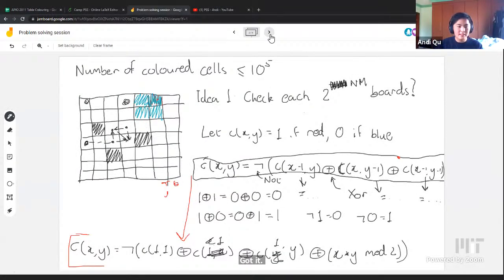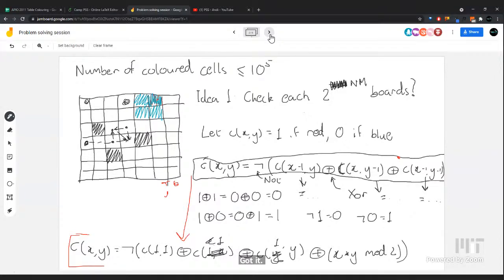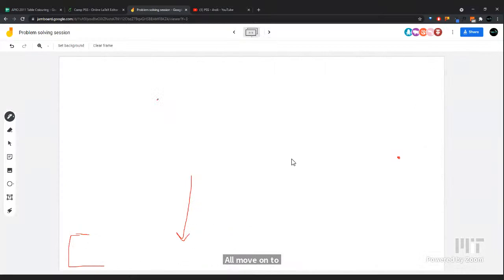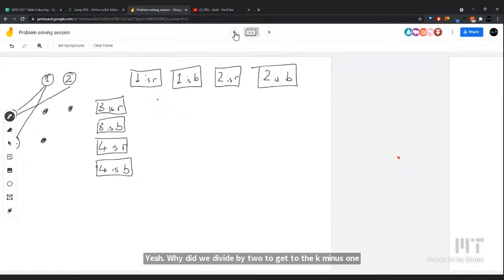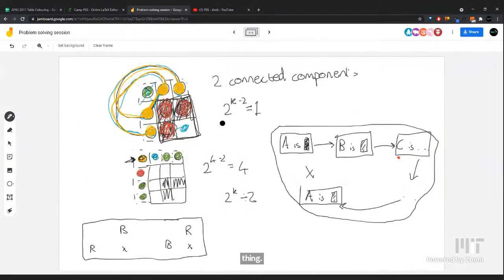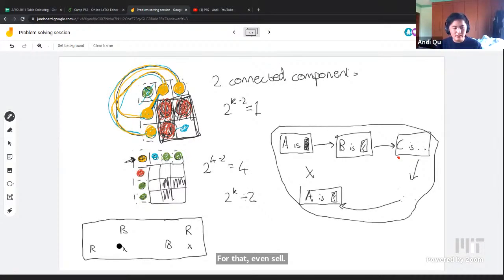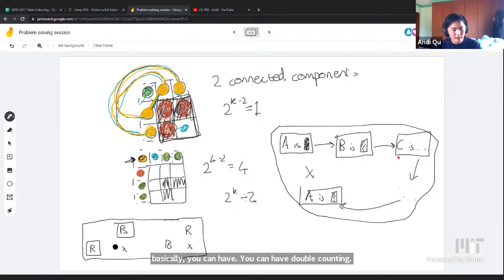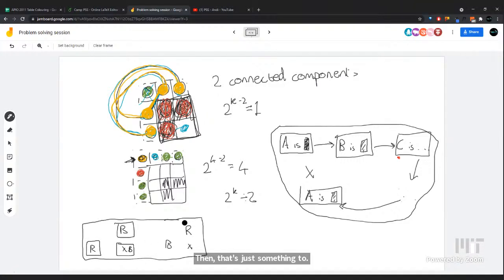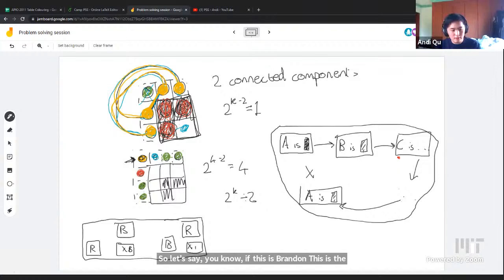Okay, I'll move on. By the way, why did we divide by 2 to the k minus 1 thing for the A1 cell? Because basically you can have double counting. So if this is blue but this is red, then this is something. Let's say blue. If this is red and this is blue, then this is still blue.